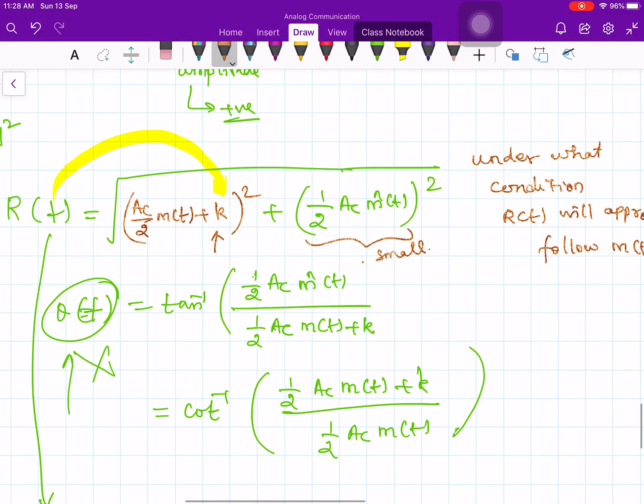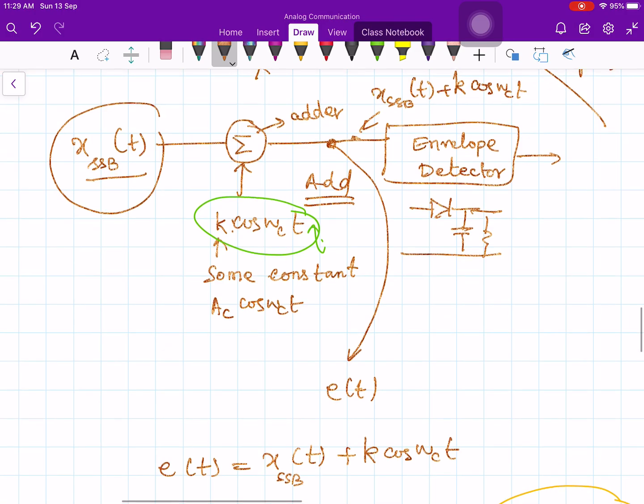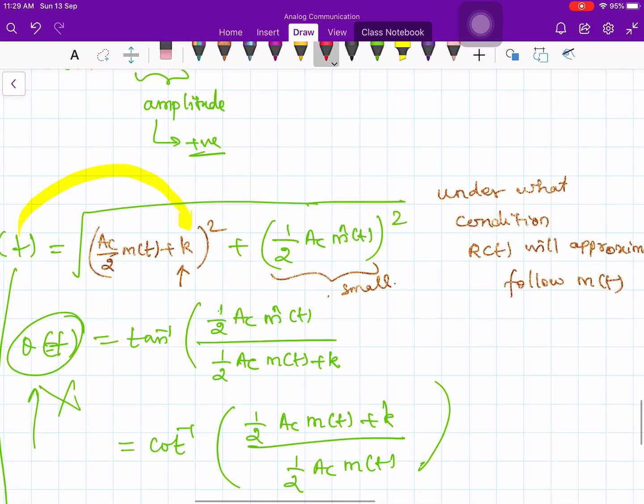That is what we will precisely do. We will choose our local carrier to be added in sufficiently large quantity, that is, sufficiently large amplitude. So make this k as large as possible at the demodulator. If you do that, we can approximately write the envelope as follows. So this whole first term will be bigger than this second term.